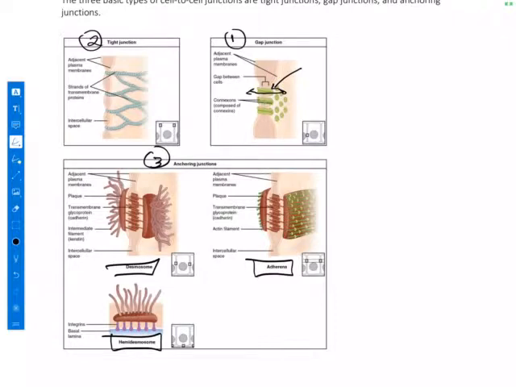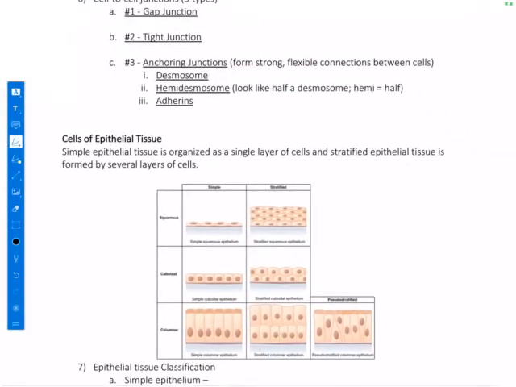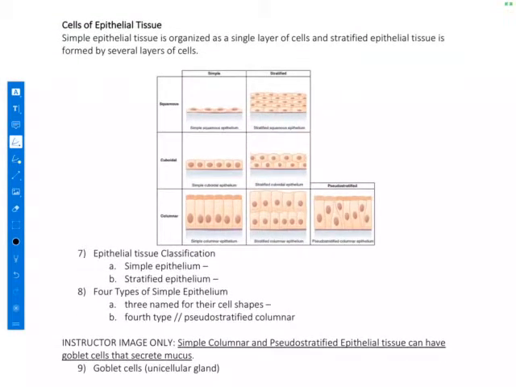So, let's talk a little bit about the cells of epithelial tissue. Simple epithelial tissue is organized as a single layer of cells, and stratified epithelial tissue is formed by several layers.